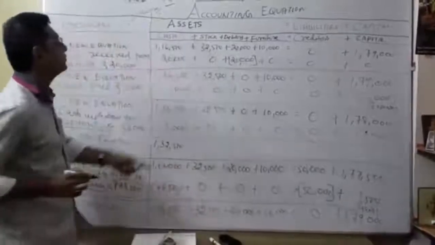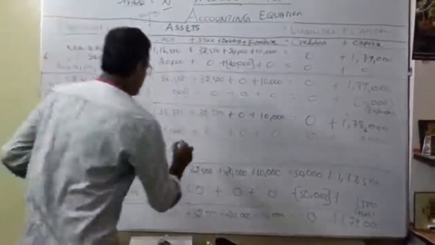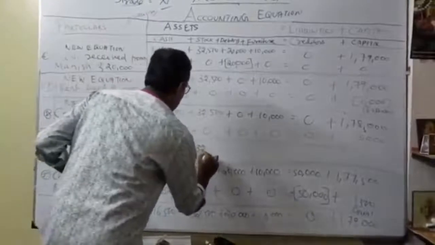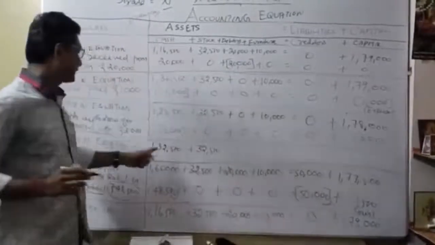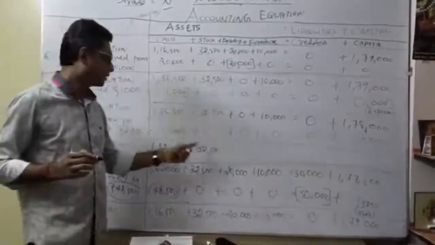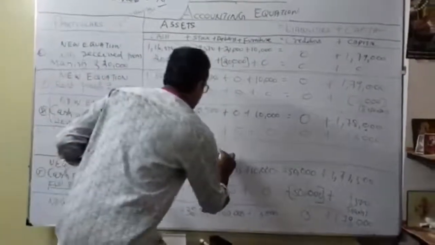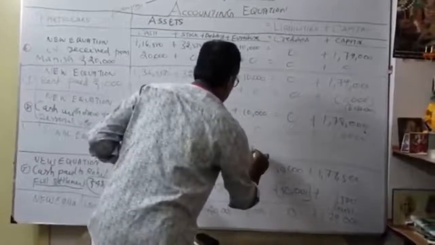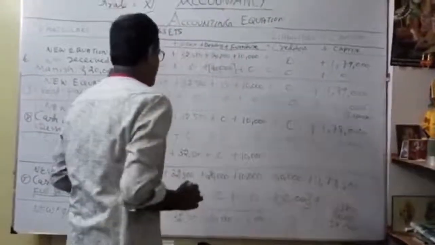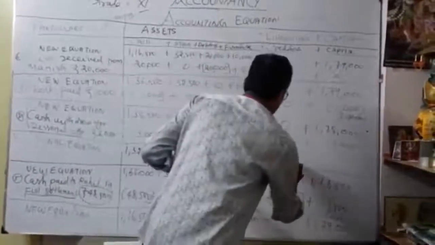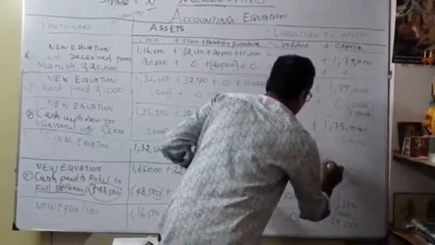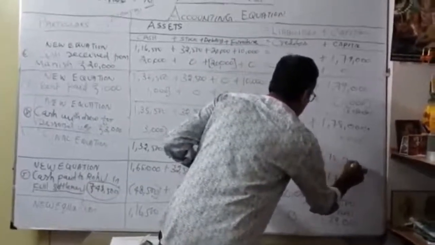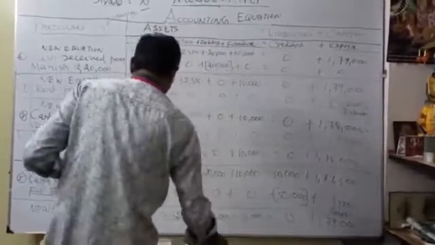So my cash now is 1,32,500. My stock is 32,500. There are no debtors, only the furniture available, 10,000. Equal to my creditors also 0. Finally my capital becomes 1,75,000. That's your final equation.